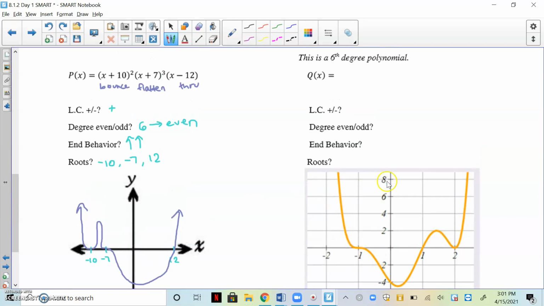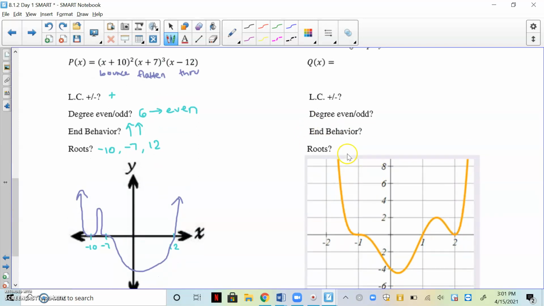All right, now let's go to this example. We've been given this beautiful graph and we want to write an equation. So the first thing you want to do, honestly, is just notice where it hits the x-axis, right? We've got -1, 1, and 2. Now, right away, I can actually go ahead and start writing my equation. If I have a root at -1, I know I'll have a set of parentheses of x plus 1, right?